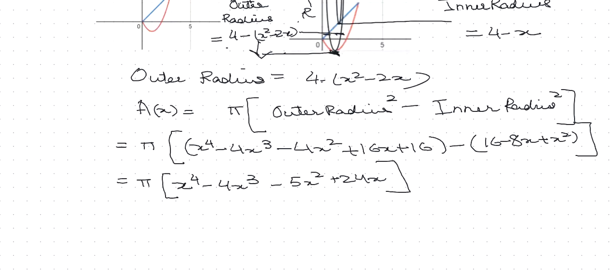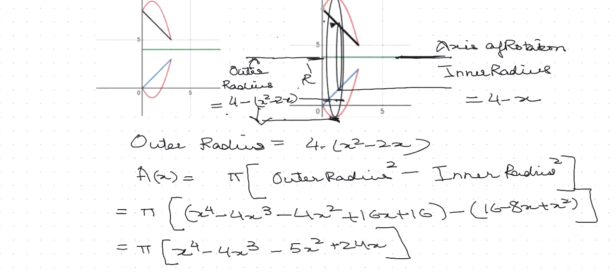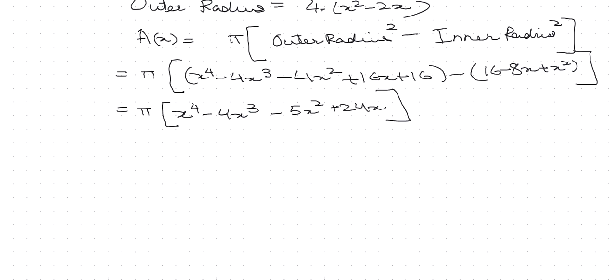Now we have to find the limits and we have to see where they intersect. Like we have to find the points of intersection. So we have the graph, but we can find it algebraically also. So the points of intersection we can get by intersecting the two graphs.